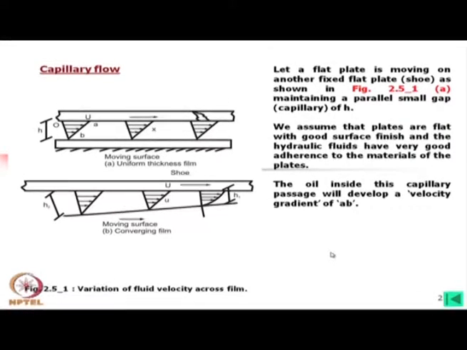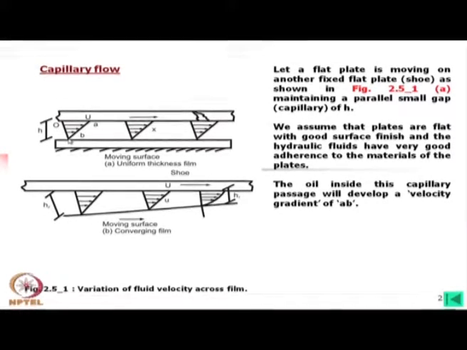The oil inside this capillary passage will develop a velocity gradient of AB. Now, this is a straight line. This point is not moving.